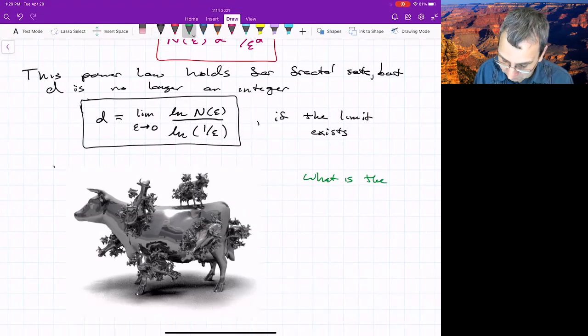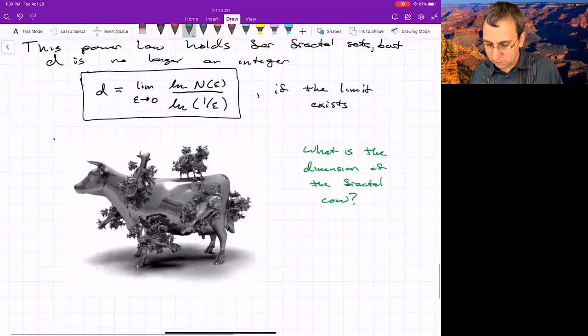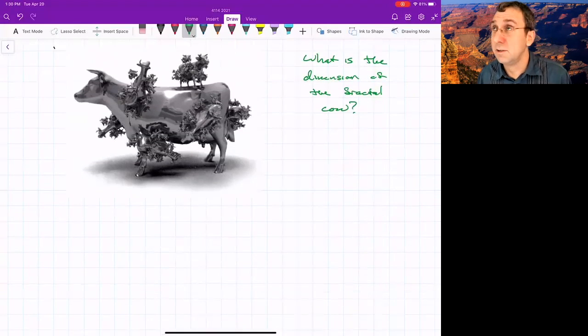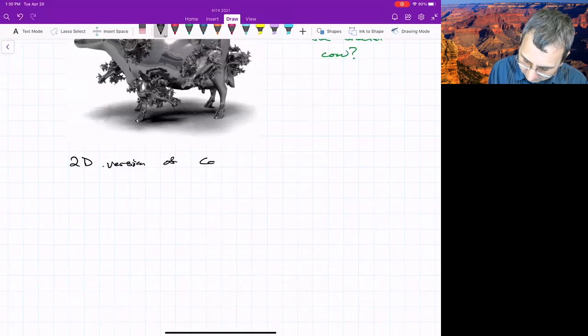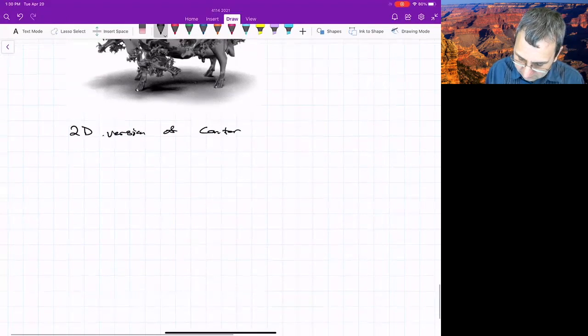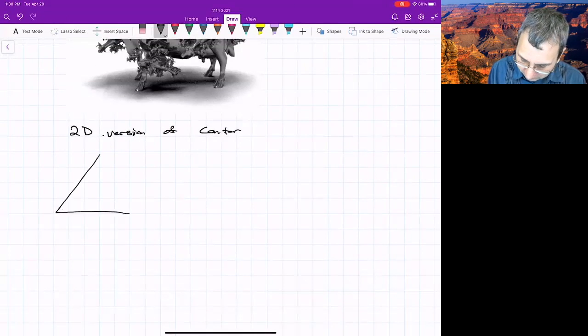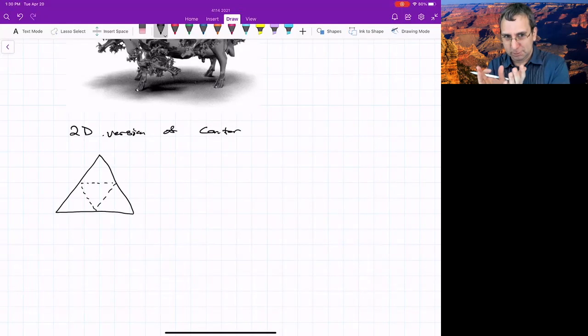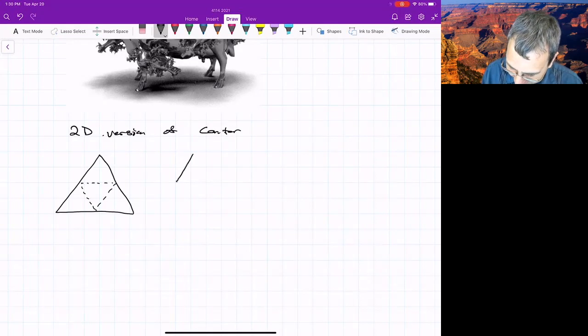Well, I guess we could use the box counting approach. I haven't, but this has been used for other things. There's an interesting 2-dimensional version of the Cantor set. Again, this is a mathematical construction. If you were to start with a solid triangle, and then remove the middle fourth of the triangle, now we've got something that looks like this.